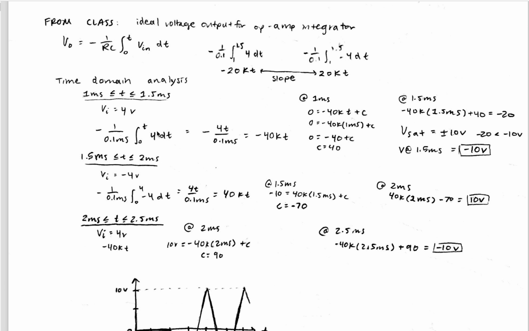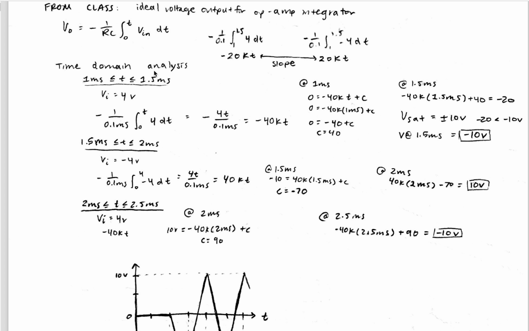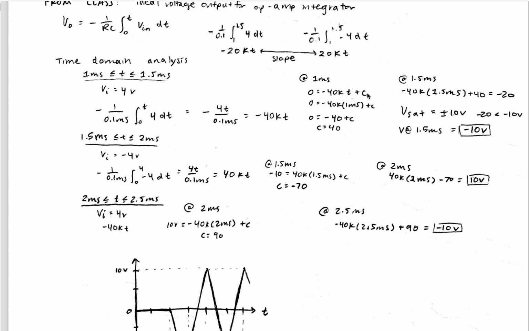To get more specific into the time domain analysis, if we look at from 1 millisecond to 1.5 milliseconds, Vi is 4 volts. We can plug that into this V out equation and we will get negative 40k times t, but there is a constant that is added to it.